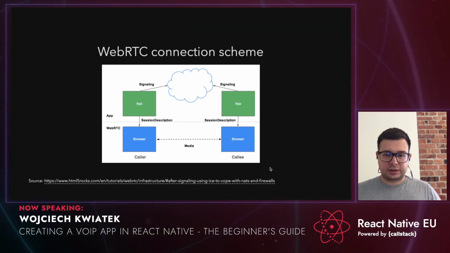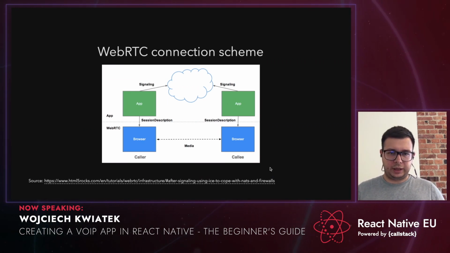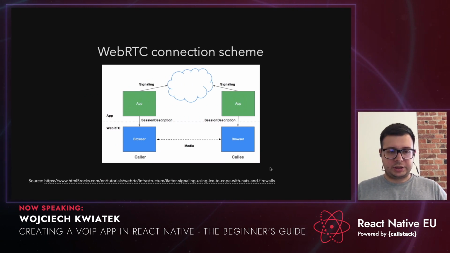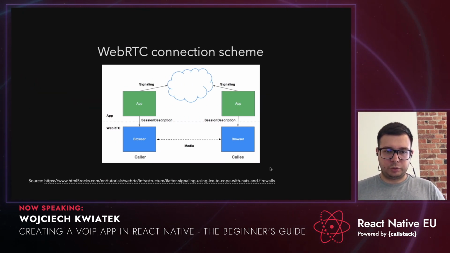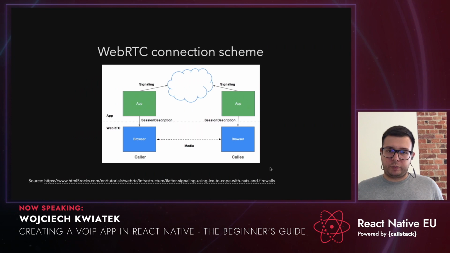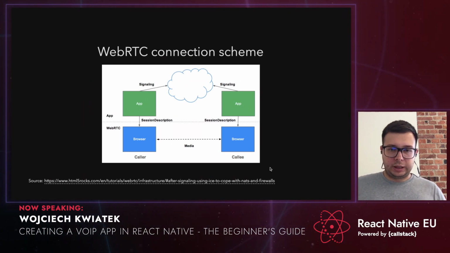These external servers are called STUN and TURN. These are different technologies to achieve the same thing. I'll not go into the details when it comes to STUN and TURN. I will attach the links at the very end, so you can read more about it. However, the idea behind it is that WebRTC supports both of them, and both of them are basically to enable the connection between two peers, so to make them talk to each other.